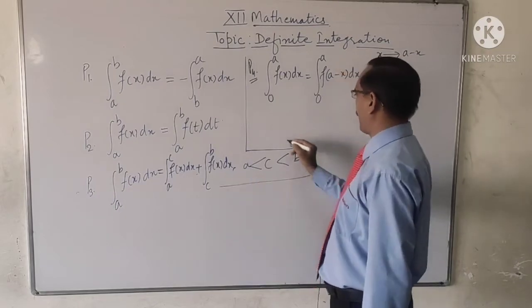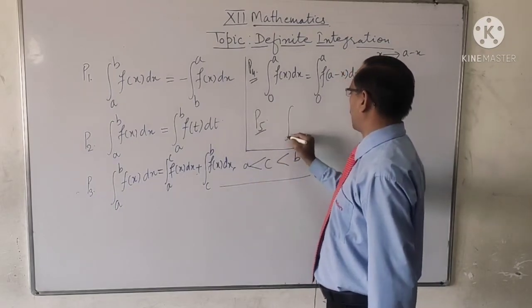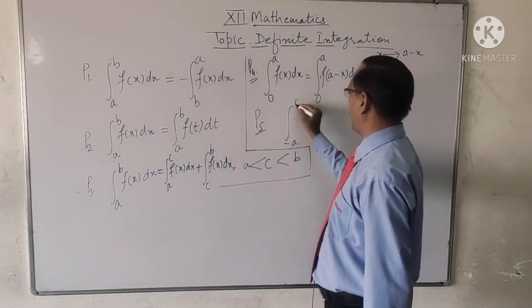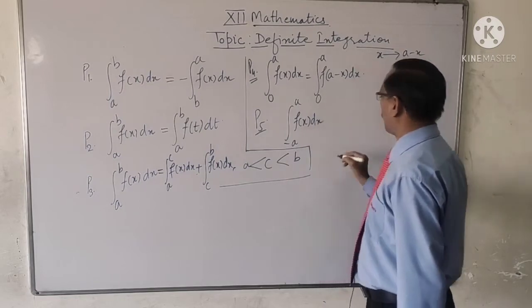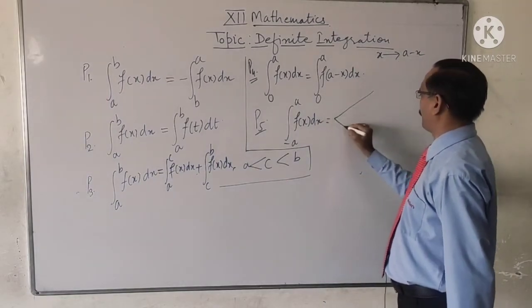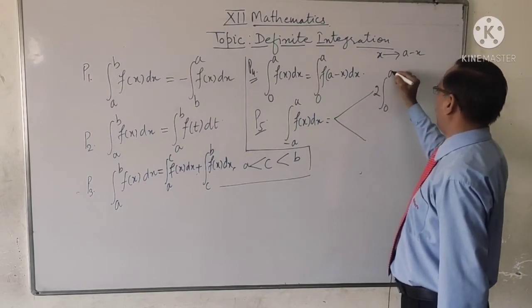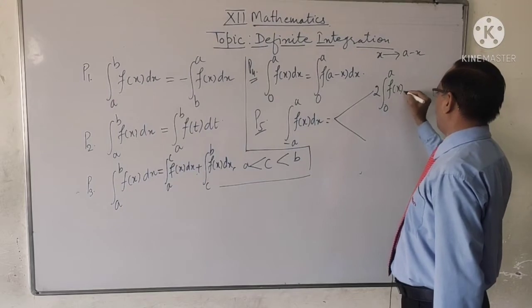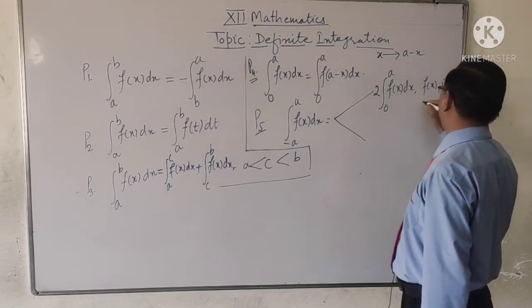Then property 5. There is an integration from minus a to a of f(x) dx. This integration has two results. It is twice the integral from 0 to a of f(x) dx when f(x) is an even function.